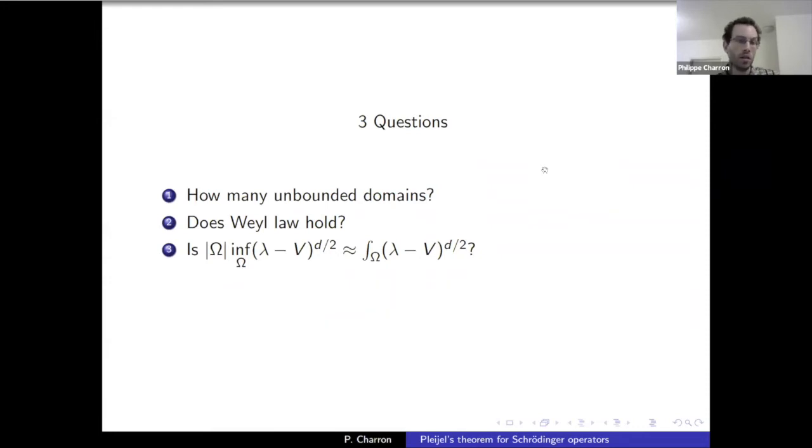Second thing is, does Weyl's law hold? Do you have the formula that I gave for Weyl's law? Does it actually apply here for some choices of v? And do you have exactly what I referred to earlier, that the infimum times the volume is equal to the integral? If this is true, then we're in pretty good shape.